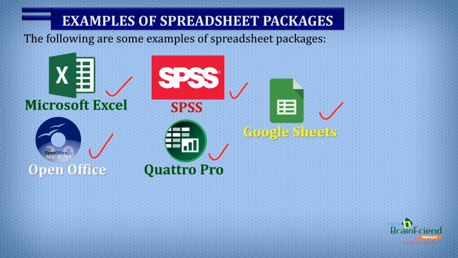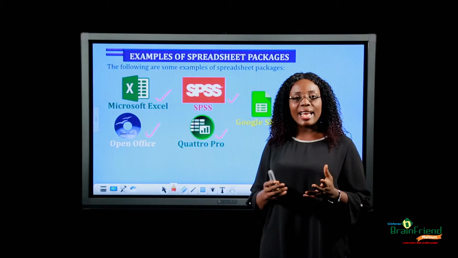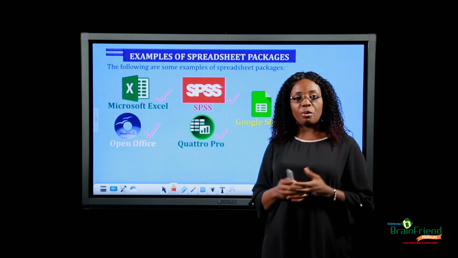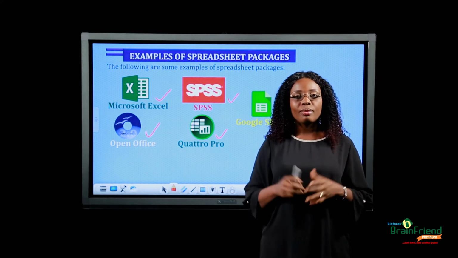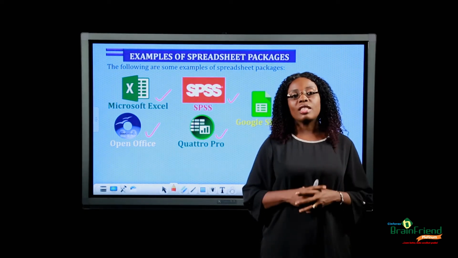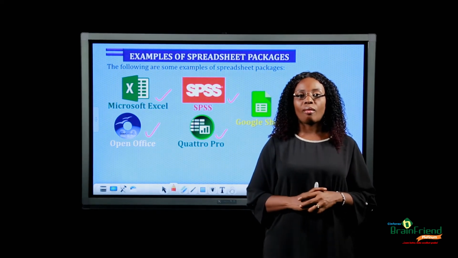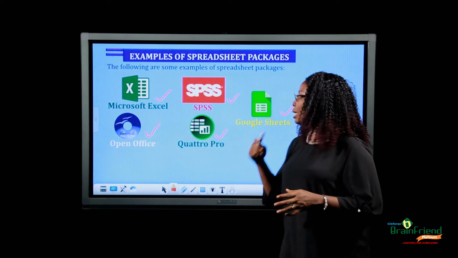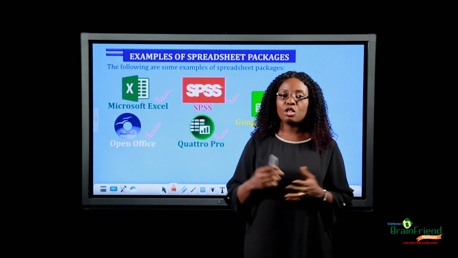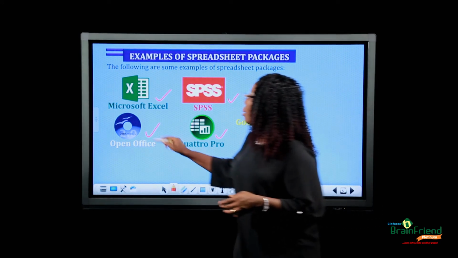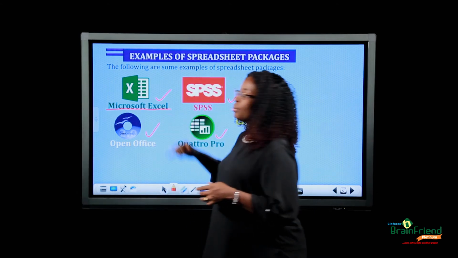These are just a few examples. Next, we're going to look at what a spreadsheet package looks like. That means we're going to open one of the spreadsheet packages and see how the environment looks. So we have to open one of these, and I'm going to make further illustrations using Microsoft Excel.